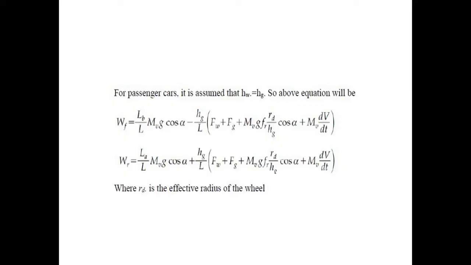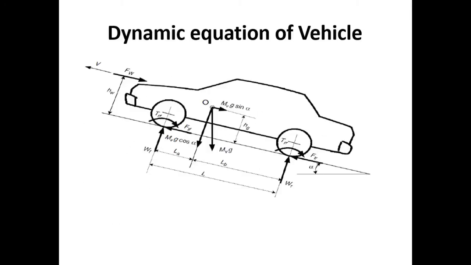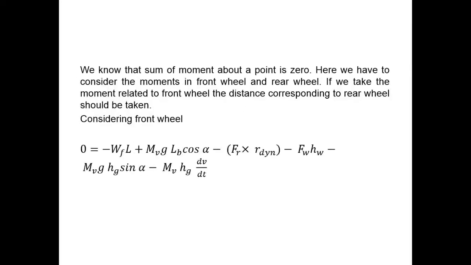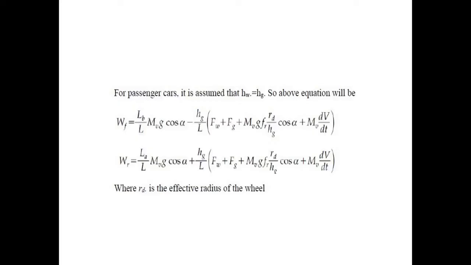By rearranging this expression and assuming that Hw equals Hg, considering this figure, we can write the expression as Wf equals Lb by L MV g cos alpha minus Hg by L into Fw plus Fg plus MV g small fr Rd by Hg cos alpha plus MV dv by dt.